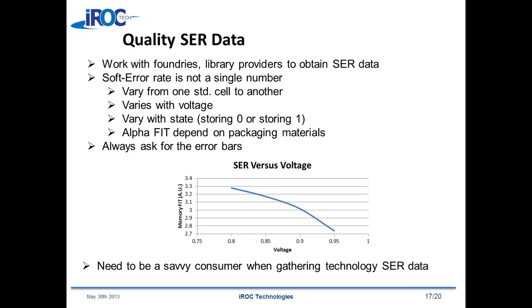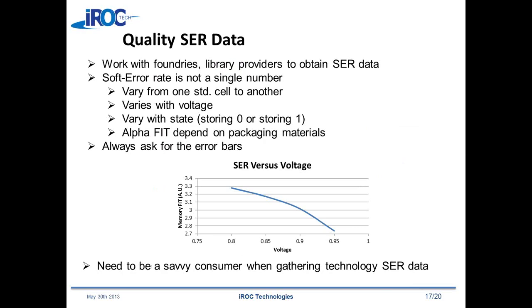The other thing that's really critically important is, when you're asking a vendor for SER data, ask them what the error bars are. If they don't know what the error bars are, you have to wonder, do they really have a good handle on the data? So really, you have to be savvy when you're asking for SER data.